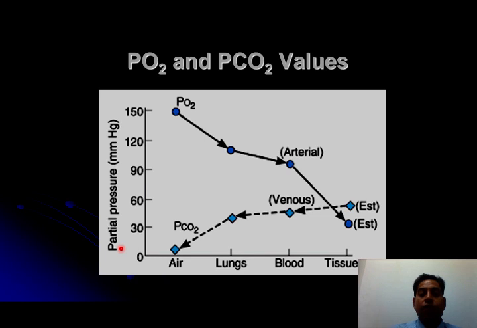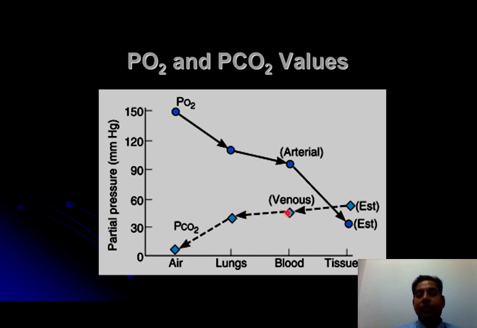Whereas in the case of carbon dioxide, you'll find that there is a progressive decrease as you move from the tissues into the blood, into the lungs, and finally into the air. Or look at it the other way. From the entry of air as it reaches the lungs, the carbon dioxide increases.